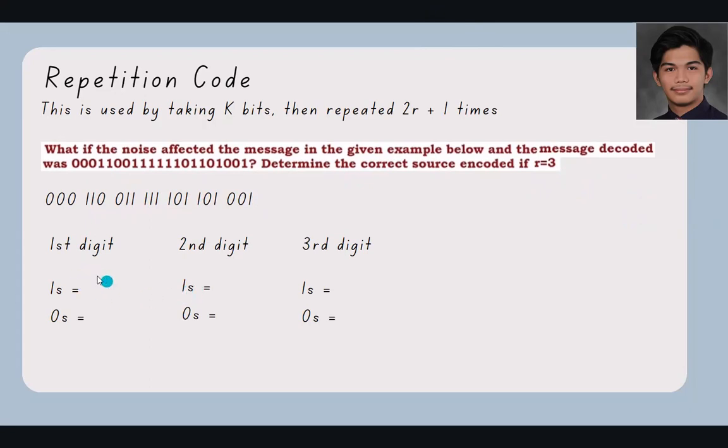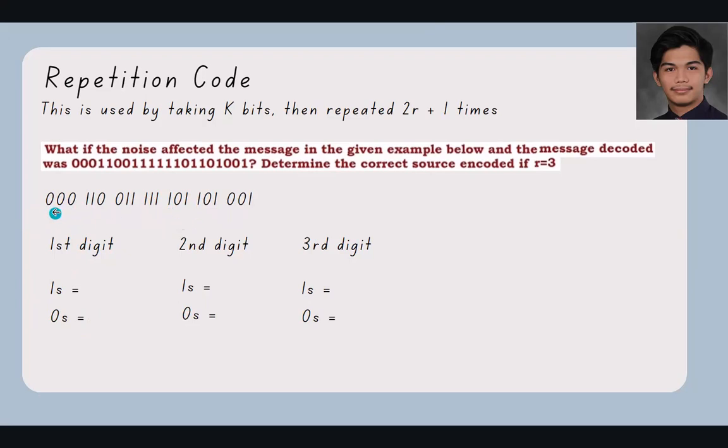For the first digit, which represents every division of this code word, we will count the number of ones and zeros in the first digit of every division.